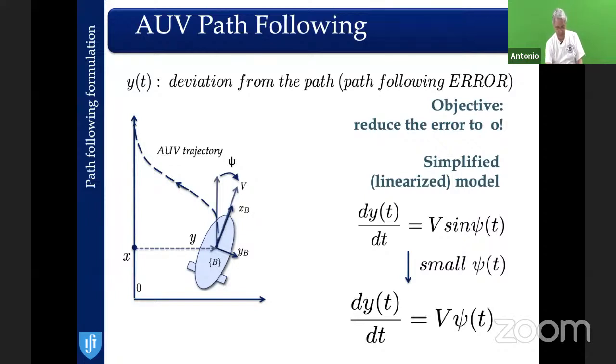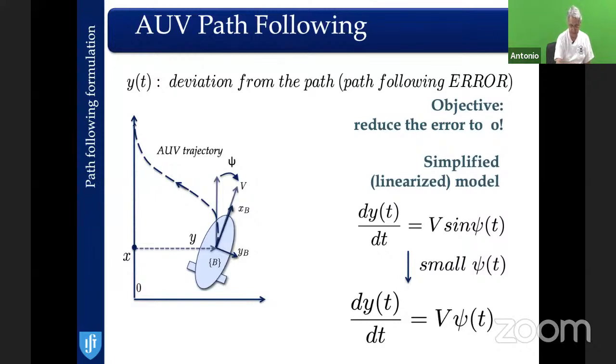So you start with a model. dy dt is equal to v sine of psi. It's a simple kinematic model. I mean, it's one of the most trivial things you can think about. Now, let's go along the path of linearization. If that angle is very small, because when the vehicle is on the path and goes north, the angle is 0.